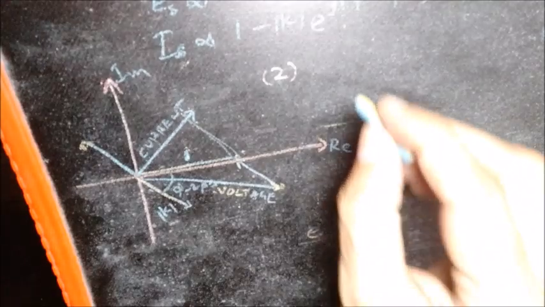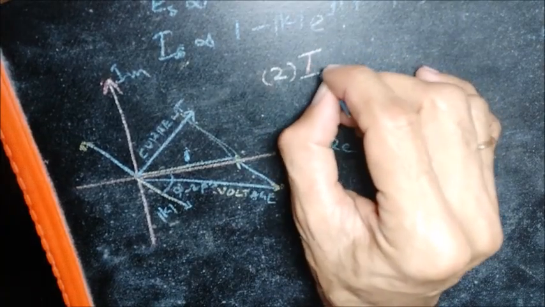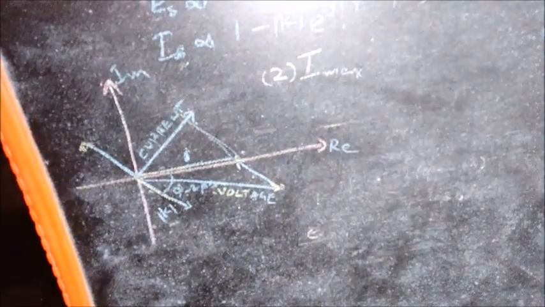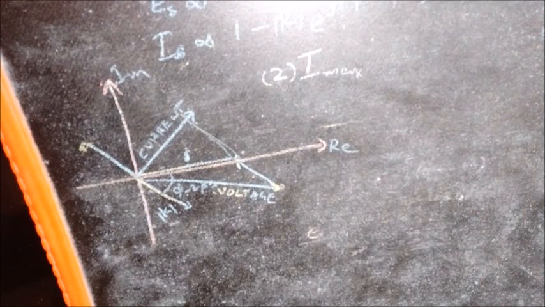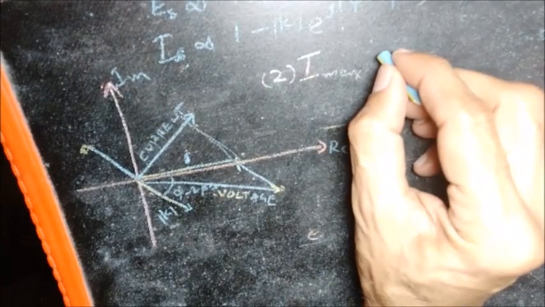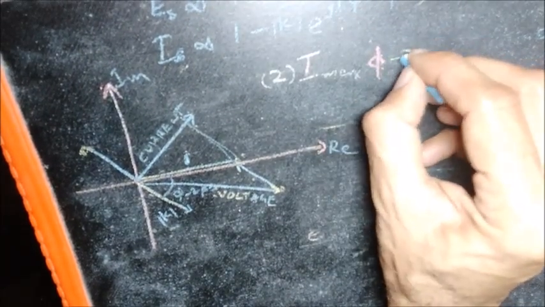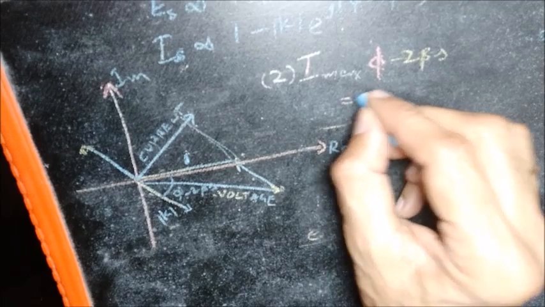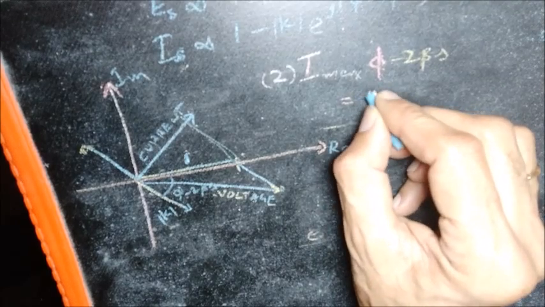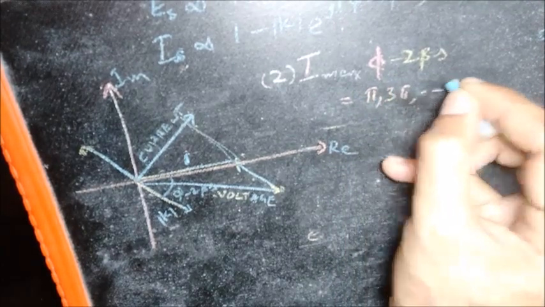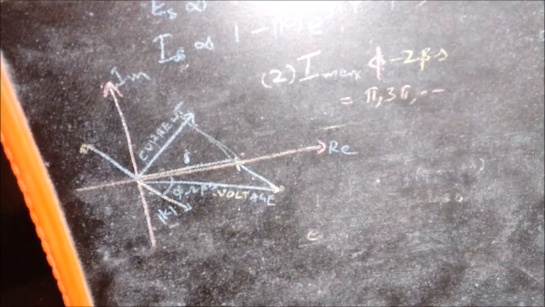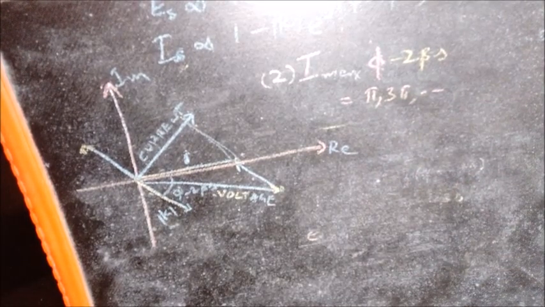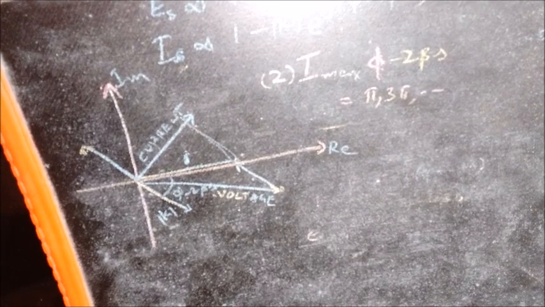The second observation is that Imax, the maximum amplitude of the current waveform, also occurs when phi minus 2 beta s is pi, 3 pi, and so on. That means 2 times an integer plus 1 times pi. If phi minus 2 beta s is 2 times an integer plus 1 times pi, Imax occurs.